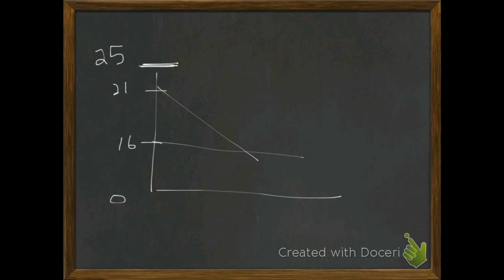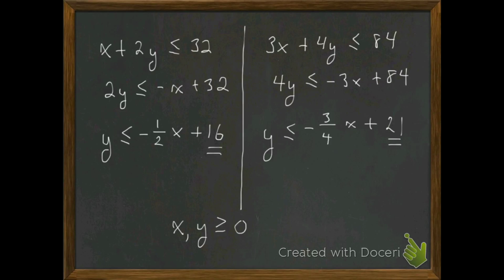We've got to look at where we're going to set our window to get our best picture of the feasible region. Now the x-intercept's a little tougher. And the way I do that is this left-hand side, I just try to imagine, when y is 0, what would x be?